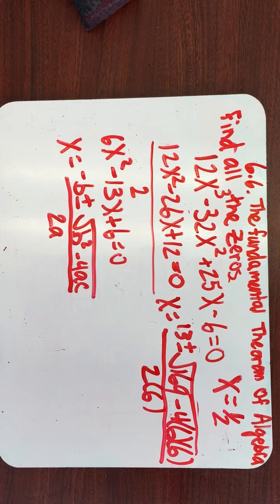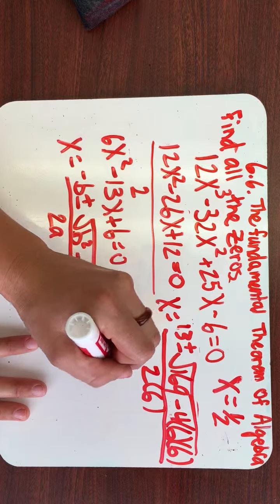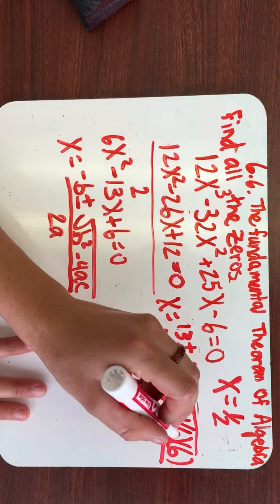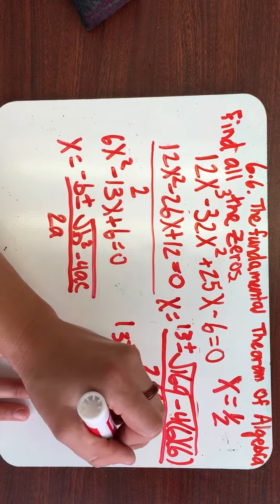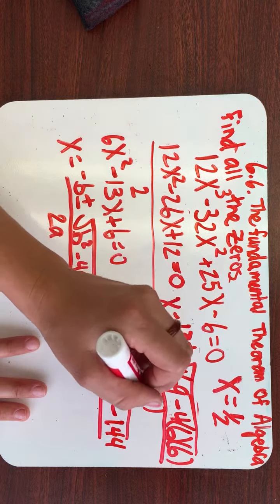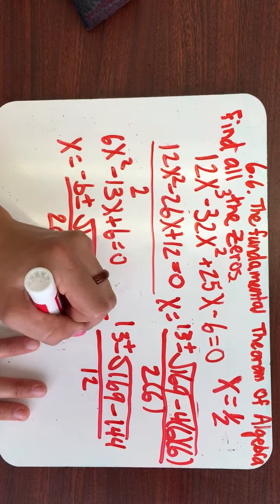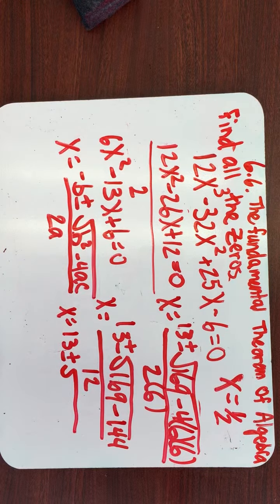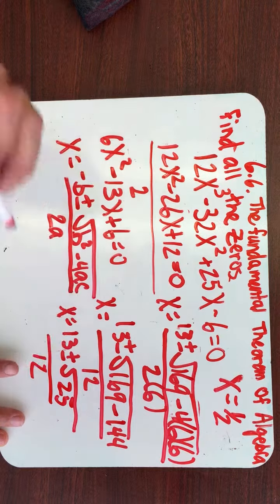Okay, so then we'll multiply that out, and we have 13 plus and minus the square root of 169 minus 6 times 6 is 36 times 4 is a 144 all over 2 times 6 is a 12. We get a 13 plus and minus the square root of 169 minus 144, which is a 25 all over 12.